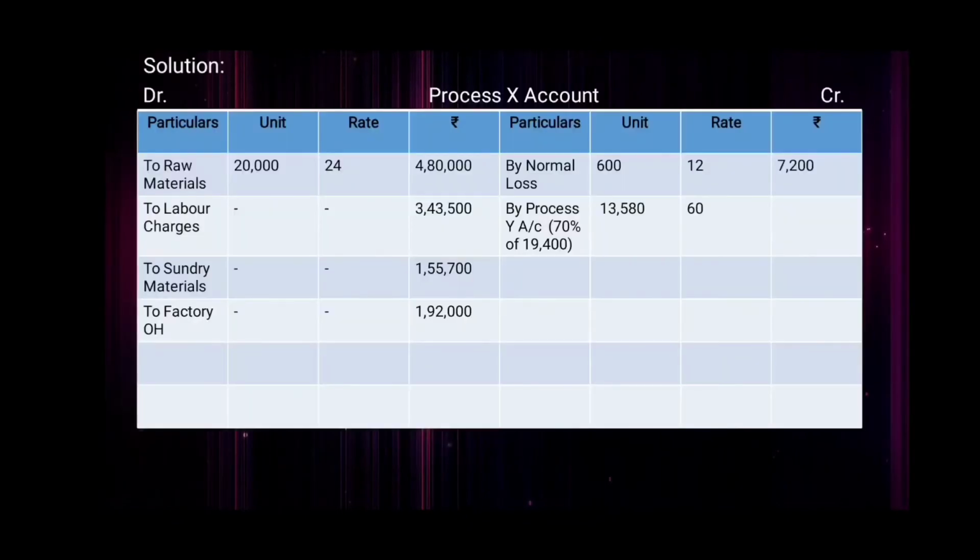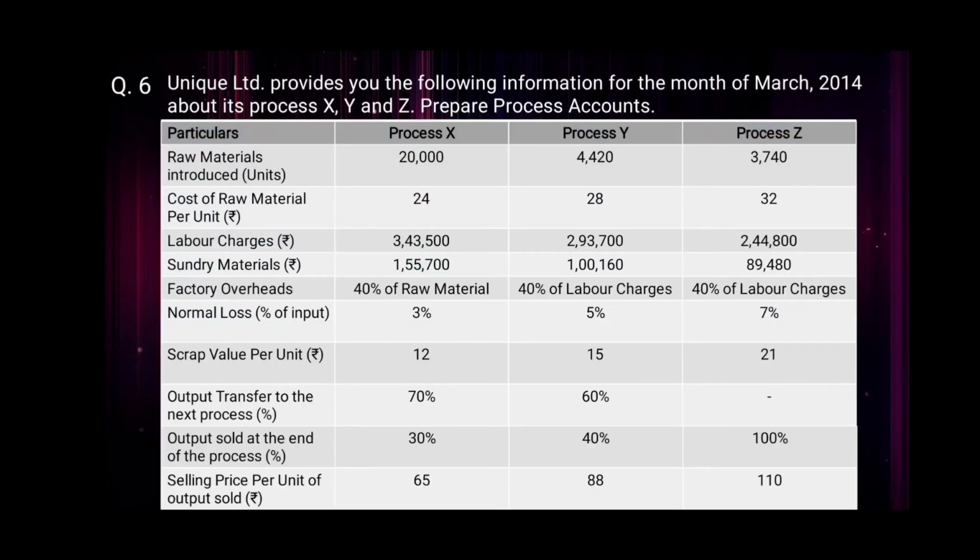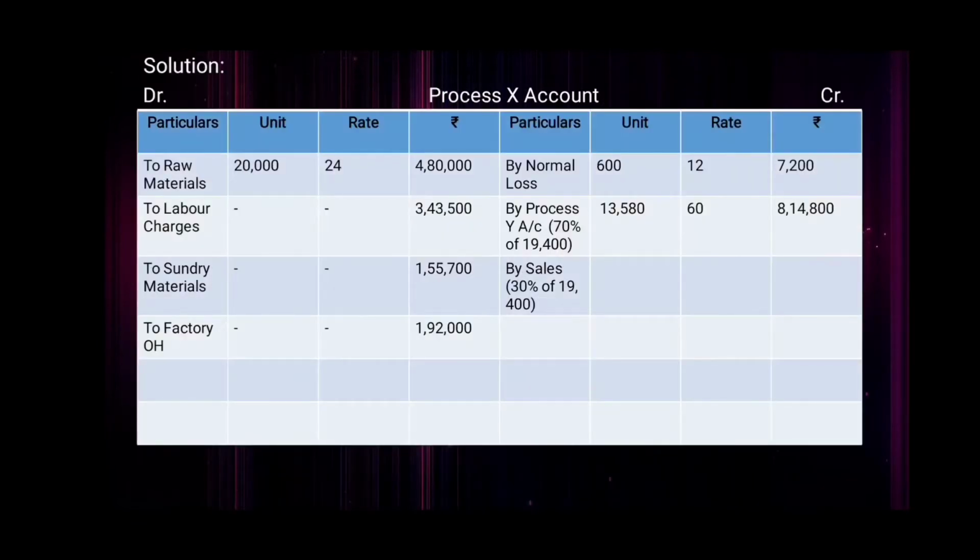So we'll record it, 60. So the total amount will be 8,14,800. Now output sold at the end of the process is given as 30% for process X, and the selling price per unit of output sold is given as 65 for process X. So by sales, 30% of 19,400 will be 5,820, and the rate amount is given as 65.